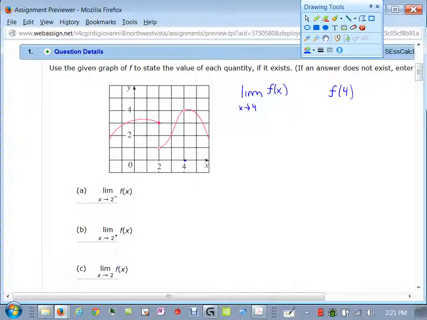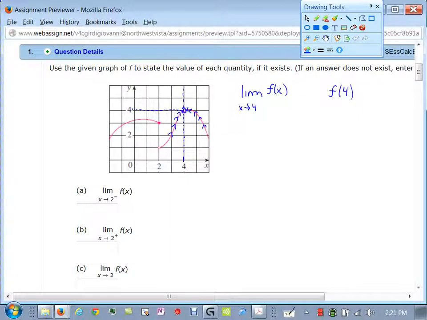So as I approach 4, so here's 4. Here's this imaginary line that goes through here. As I approach 4, and it doesn't tell me left or right, which means I have to check both. As I approach from the left, I'm getting closer and closer to this value up here, which is 4. And as I approach from the right, I'm headed towards the exact same place, which is 4.